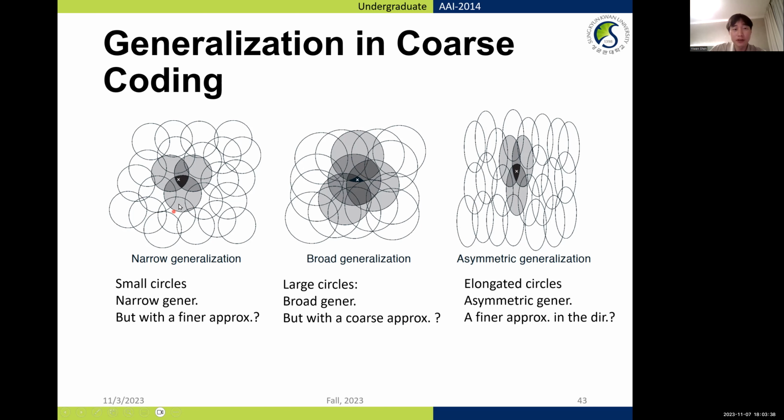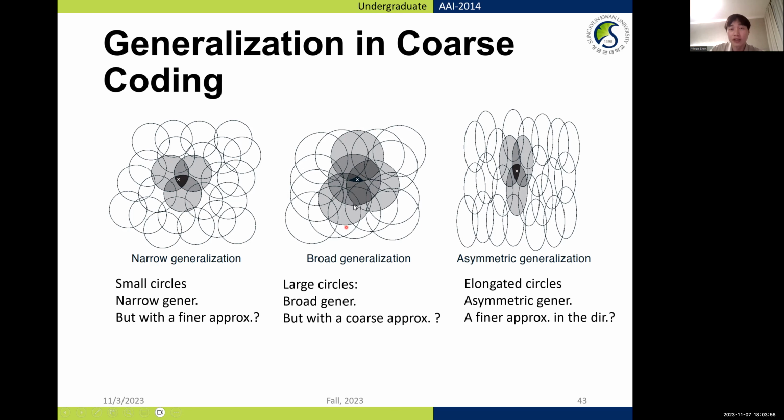Usually, if we use a small circle, each circle will cover fewer states. That means the generalization for this setting will be narrow.